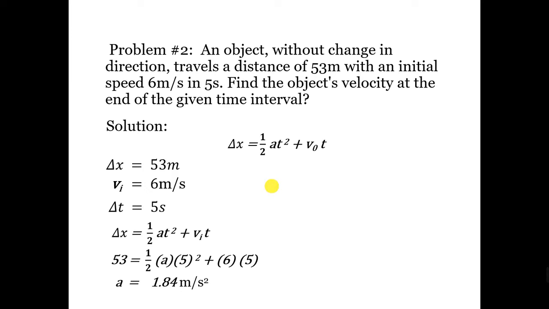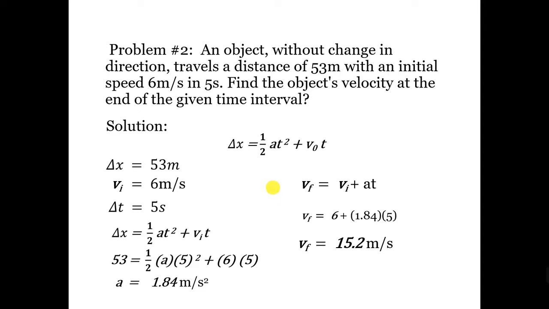Then we can now directly use the formula of final velocity by means of substituting the solved value of acceleration and other known values from the given problem. Then the result is equal to 15.2 meters per second as the final velocity of an object.